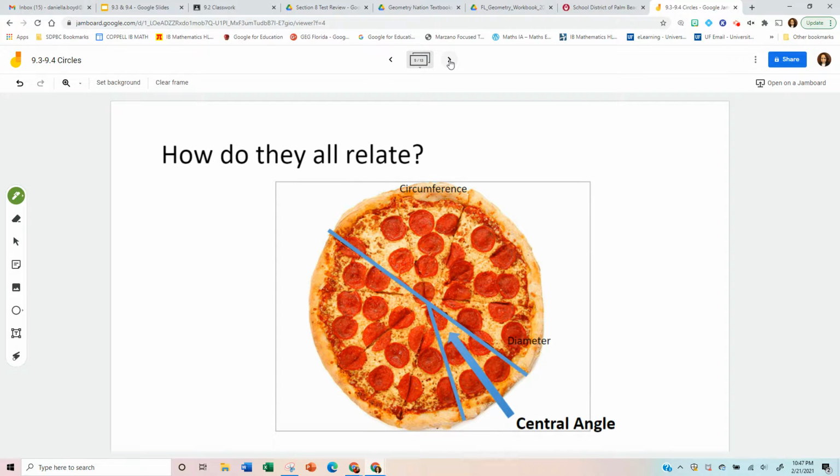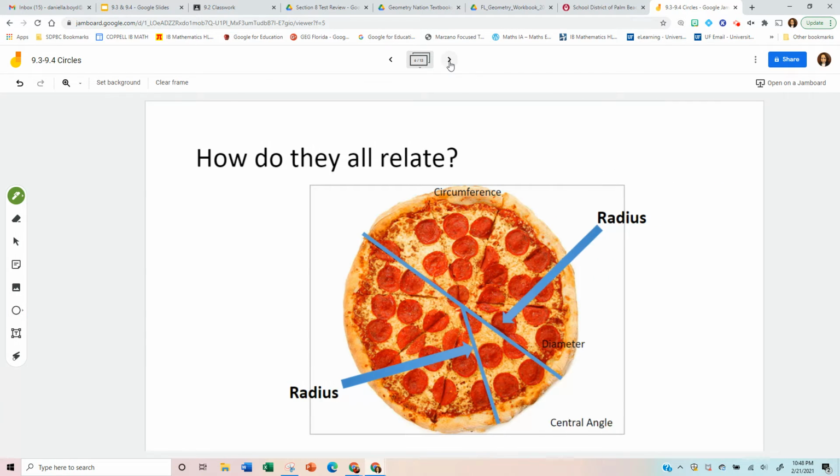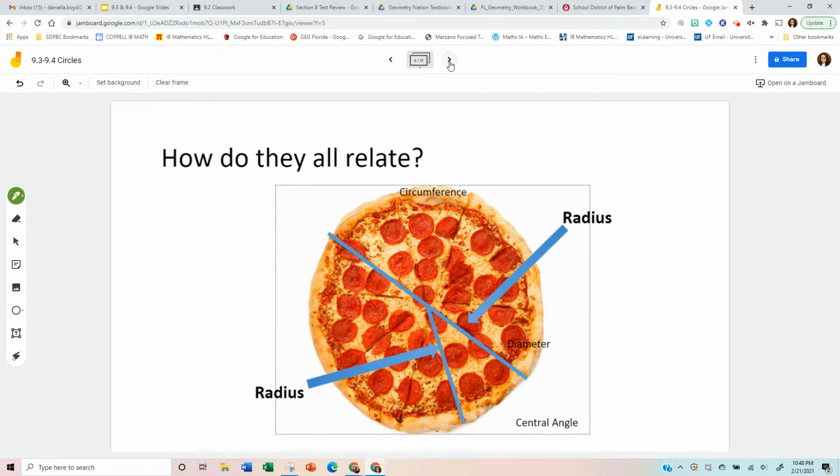Additionally, for every slice that you have, it creates an angle, which we call a central angle because it's coming from the center of the pizza. So here's a central angle. This is another slice, that's another central angle. Here's another central angle. So any angle created by the pizza slice is a central angle. If the pizza cutter is really good, then all the central angles are equal to each other. So you know the relationship between radius and diameter.